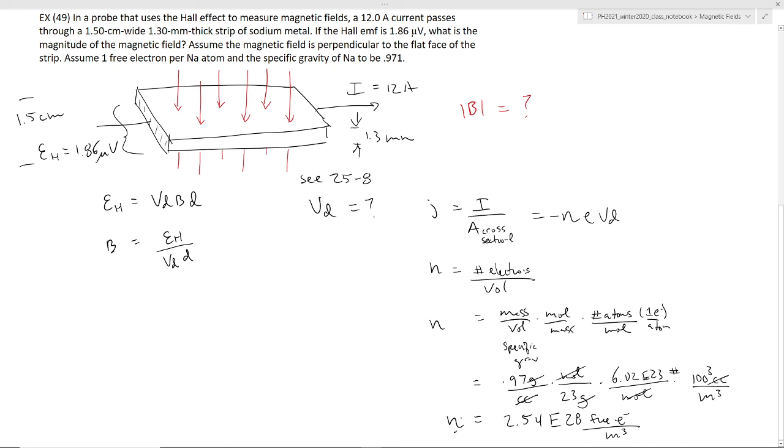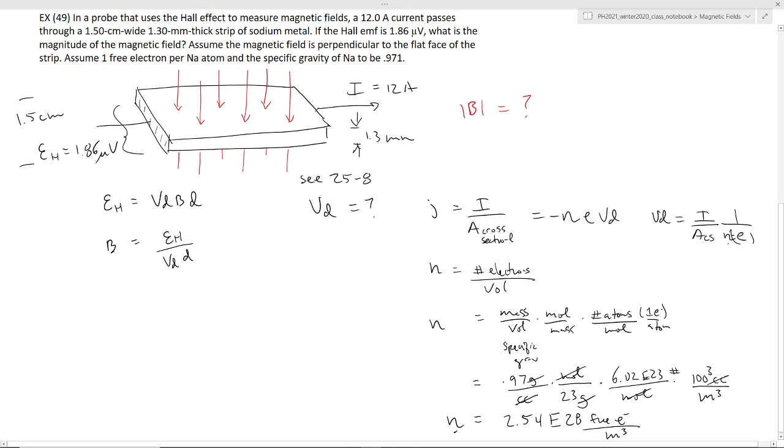So we have n. If we have n, we can get the drift velocity. We can solve this thing here. The drift velocity will be I over the cross-sectional area, times 1 over n e. It doesn't really matter the sign of that.